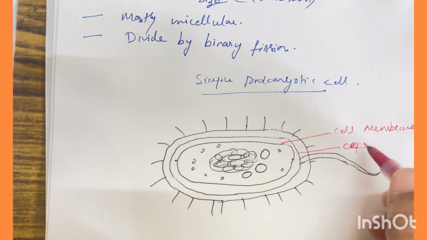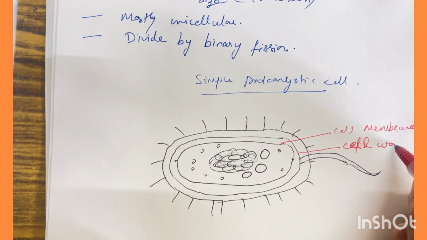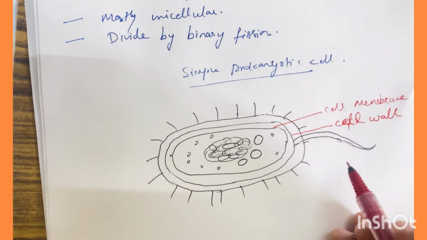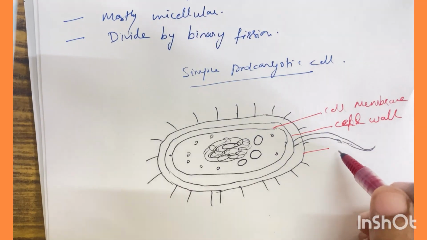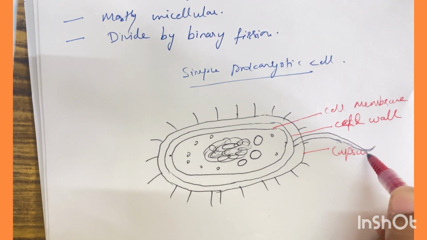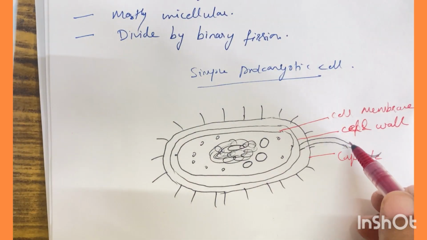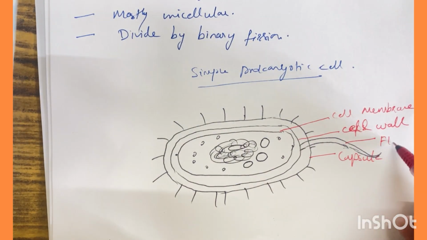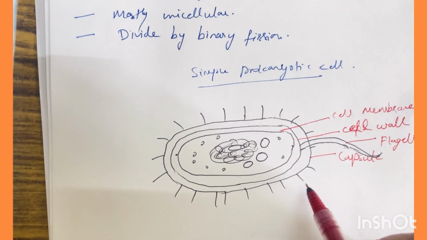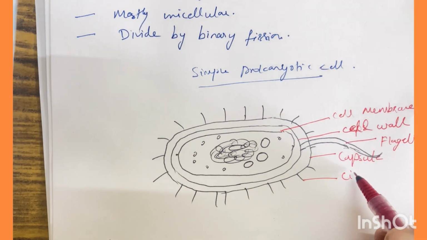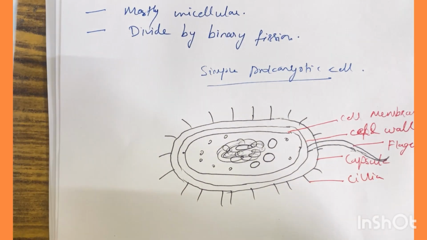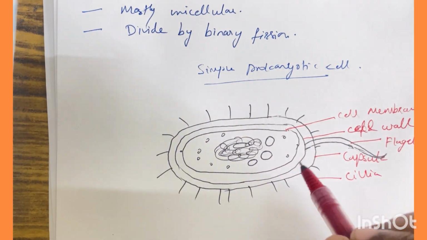This was cell wall. This was followed by capsule. Okay. Now what is this, students? These are flagellum. This is cilia.